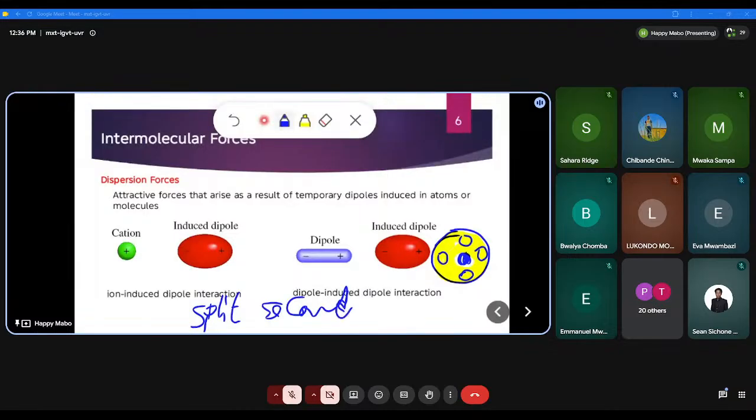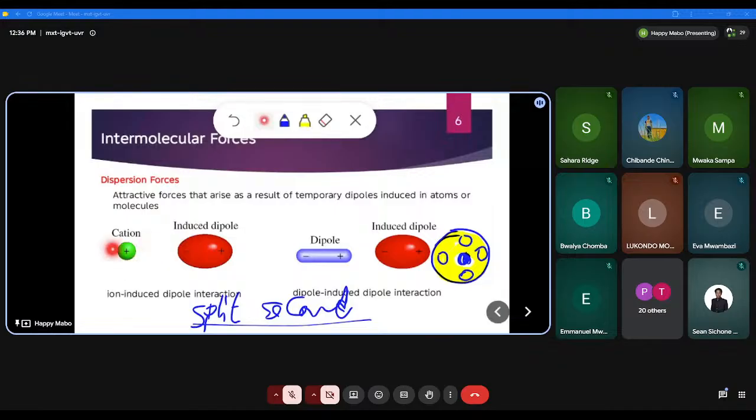It is there one moment, the next moment it is not there. So it is an on-off, on-off arrangement, because once the electrons decide to shift to a different region, the part that was negatively charged might become positively charged, and then there's going to be some repulsion. So it just keeps on forming and disappearing.